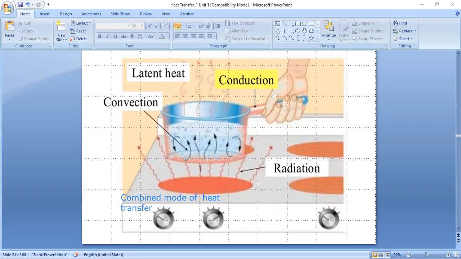Physically touching the stove with your hand would be the mode of conduction. Then looking at the water inside, that is convection, and standing in front of it, that is the mode of radiation. That is the mechanism of heat transfer.